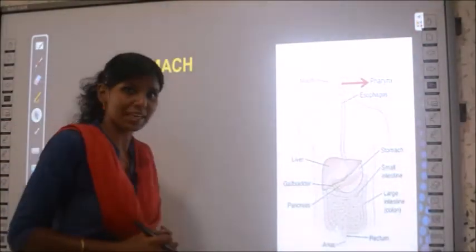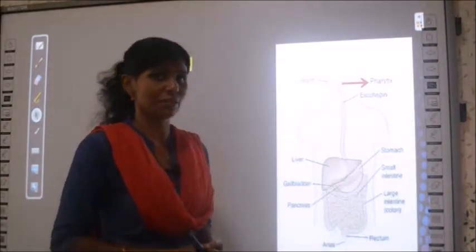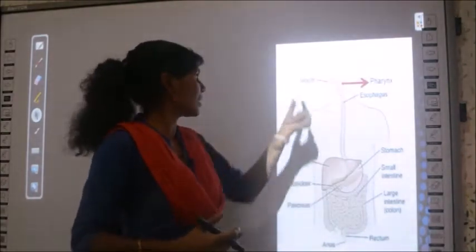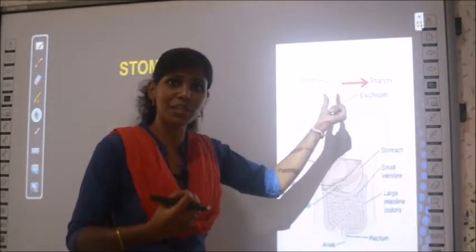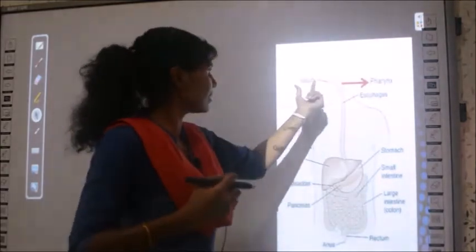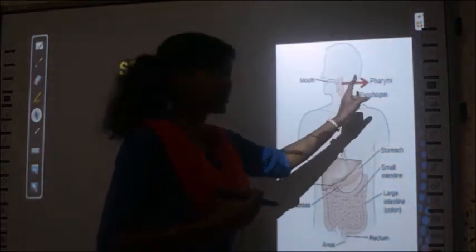In the previous class we had already studied the parts of the digestive system, right? What are all the parts? It starts with the mouth first, where partial digestion takes place with the help of teeth, and then the food passes through the pharynx. What is the pharynx?